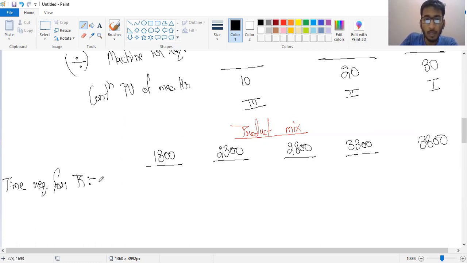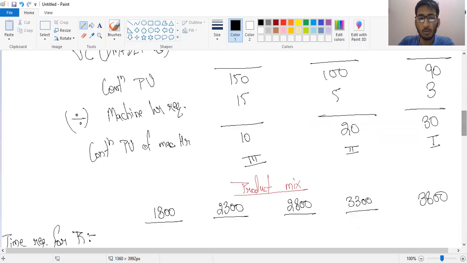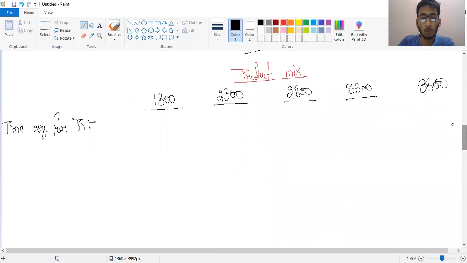By using 1800, how many units of... no, the format would not be right. This format won't work.